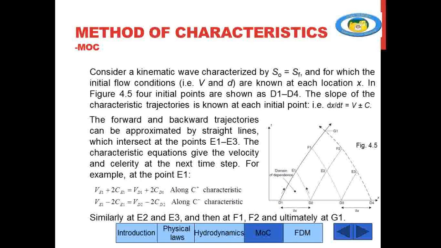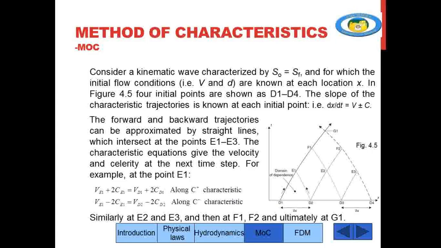Using the velocity and depth at D1, which give you the celerity at D1, you can find V times D1 plus 2 times celerity at D1, or essentially the Riemann invariant at D1.